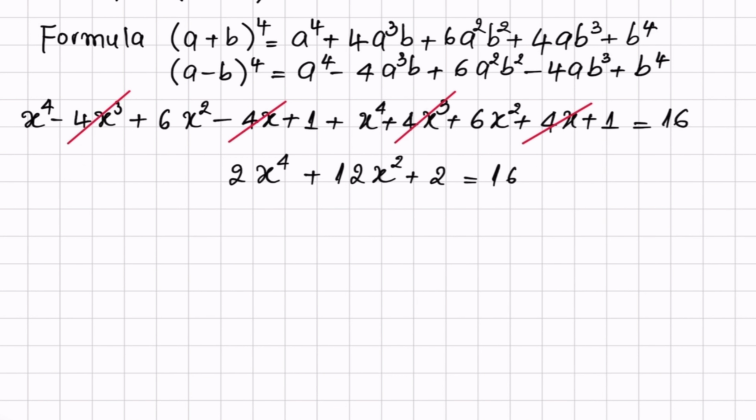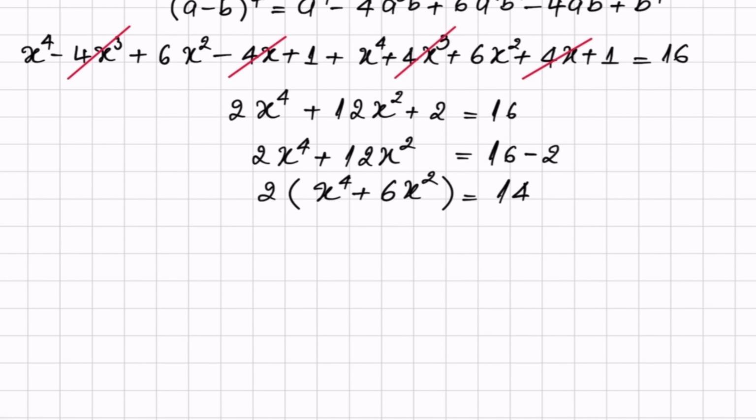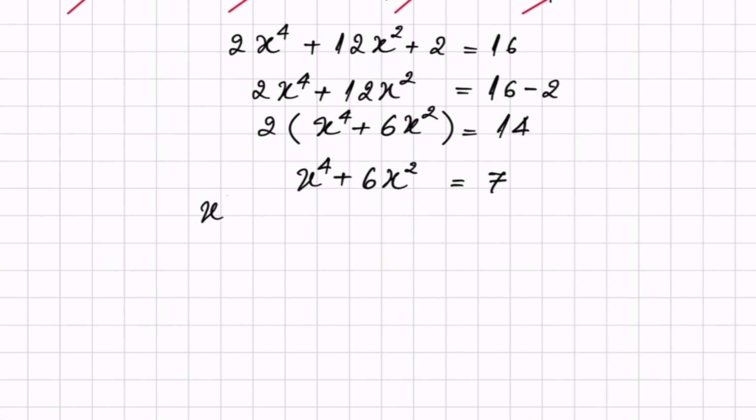Okay, so then we got 2x^4 + 12x^2 equal to 16 - 2, and then we factor 2, then we get x^4 + 6x^2 equal to 14 after dividing both sides by 2, so x^4 + 6x^2 equal to 7. Okay, and then we get x^4 + 6x^2 - 7 equal to 0.